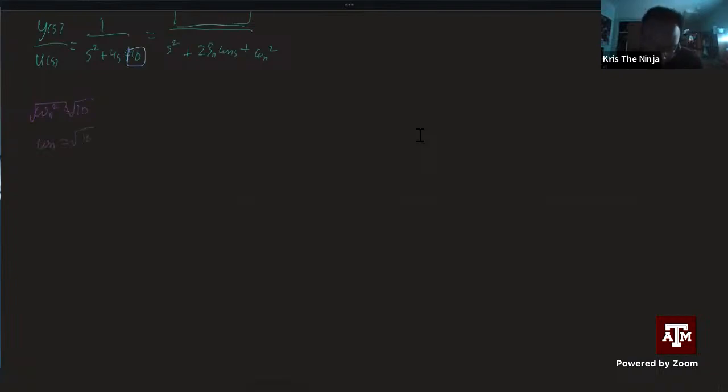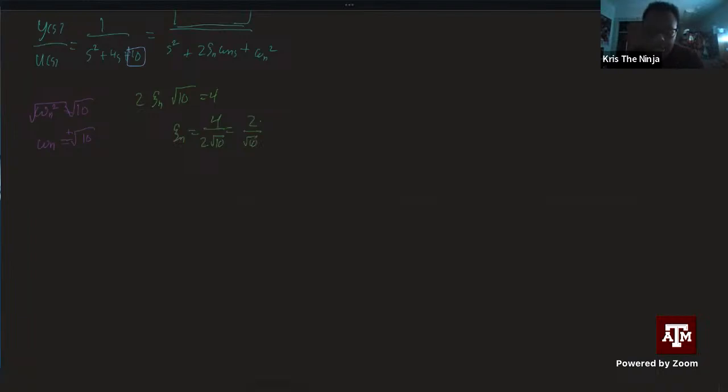Now when we break it down even further, we got 2 times zeta n times square root of 10 equals 4, right? Well, we need to divide out 2 times square root of 10. So zeta n equals 4 over 2 times the square root of 10, which ends up being 2 over square root of 10, because you can divide the 4 by that 2.